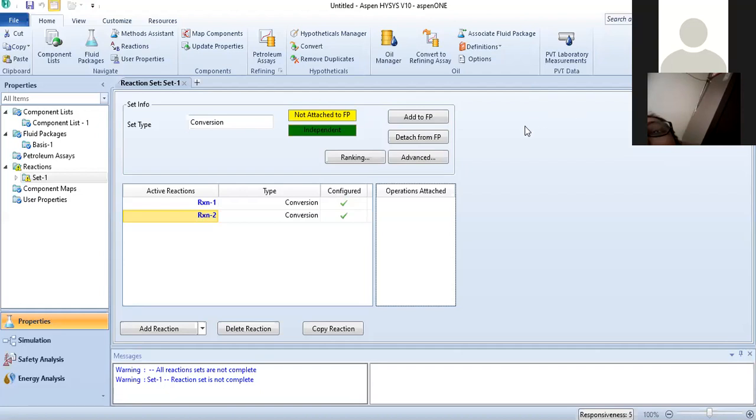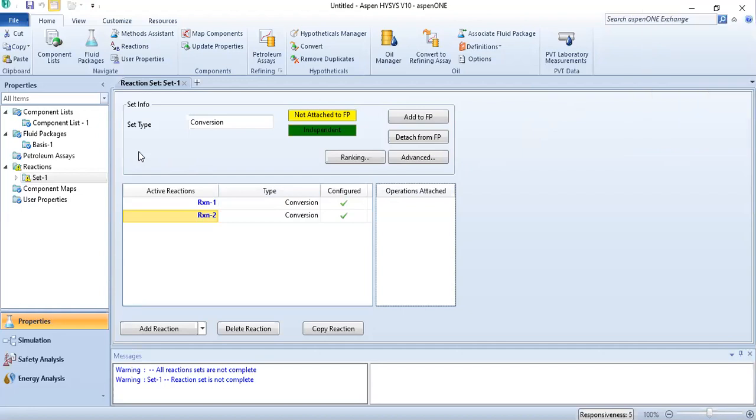Here, apart from the component list and fluid package, you have taken one more set, that is the reaction set. Then what you have to do is attach the fluid package with your reaction.